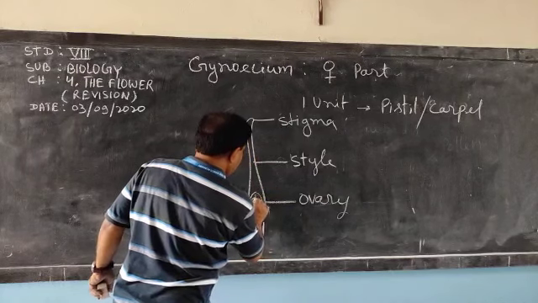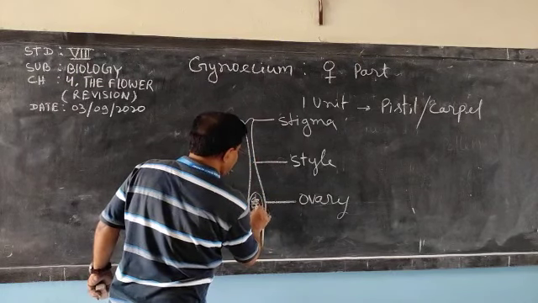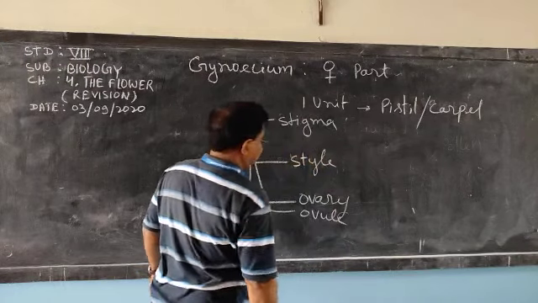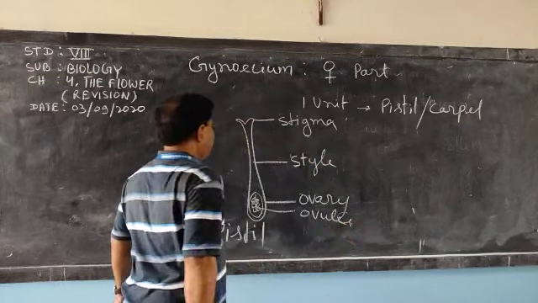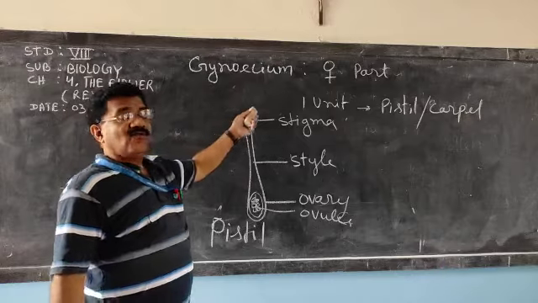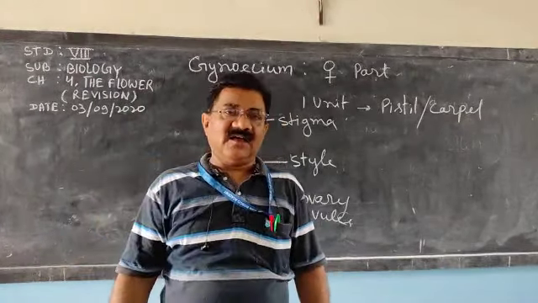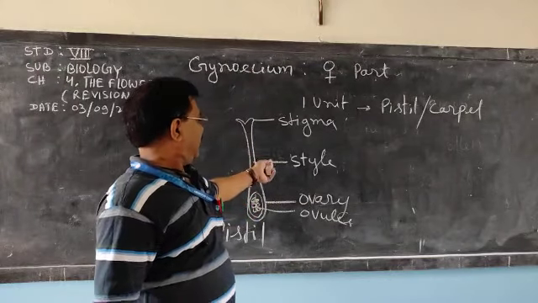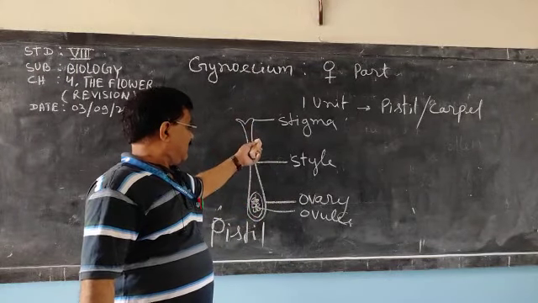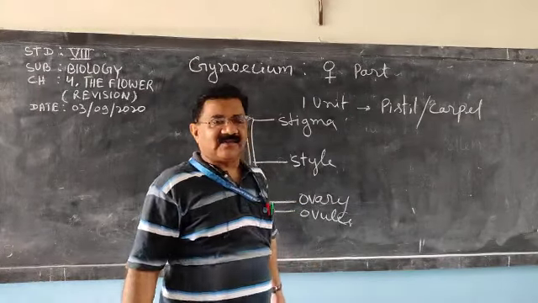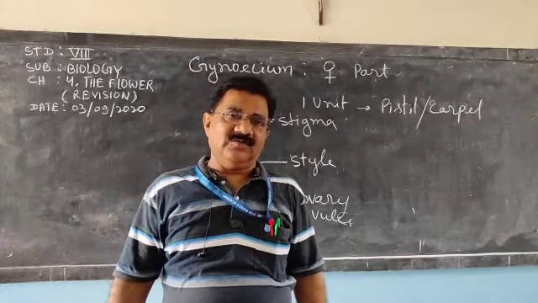Ovary contains the female gamete, the ovules. Very clear? Stigma is the place where the pollen grain lands for pollination. Style is the middle part of the pistil, and ovary contains the female gametes, the ovules.